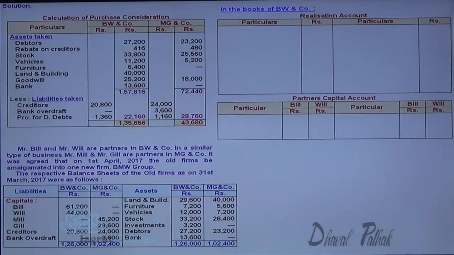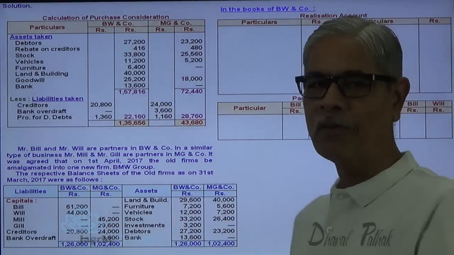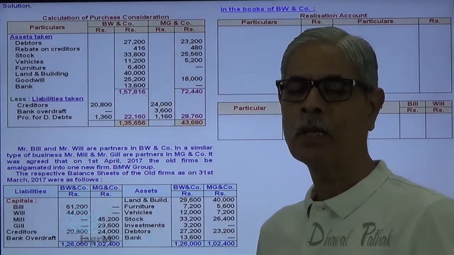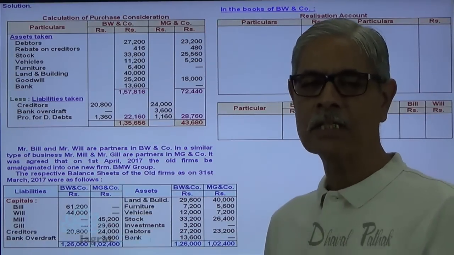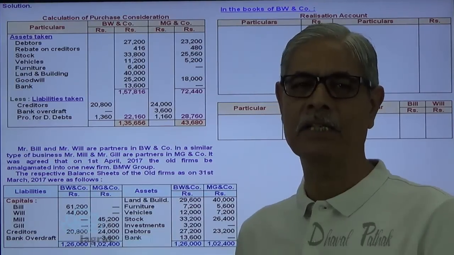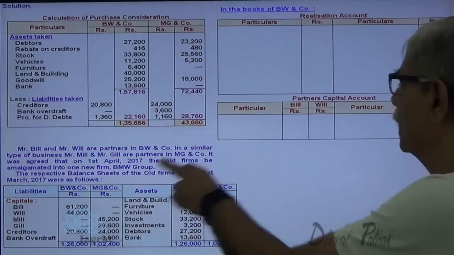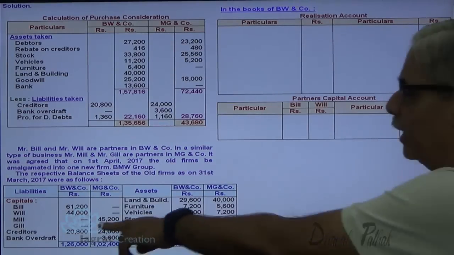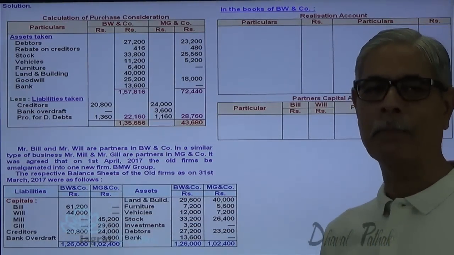So the first step for the purpose of solving the sum is to copy the balance sheet. This balance sheet of the BW vendor firm, which is dissolved, is given. All the balance sheet values of assets to be realized are transferred to the debit side of the realization account at their book value. Similarly, the capital balances will be transferred to the capital account. Creditors also will be credited to the realization account, which I identify as the copy of the balance sheet.